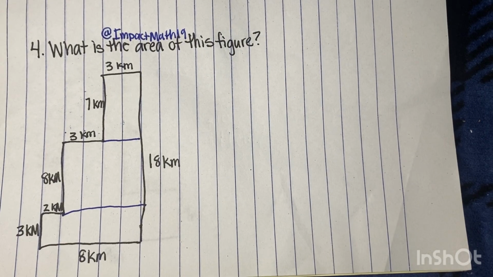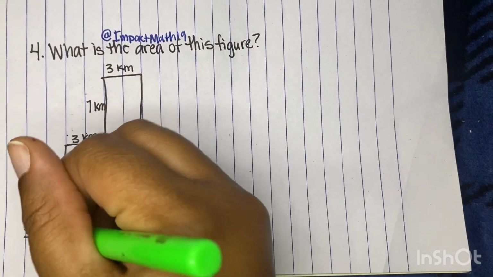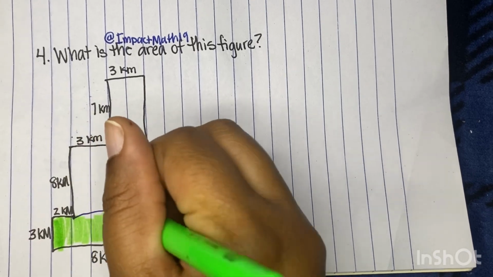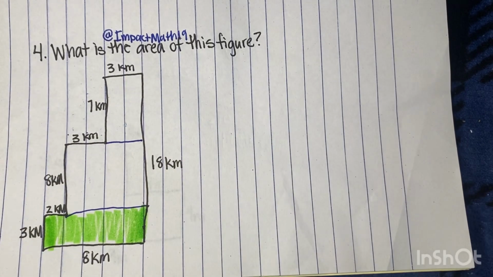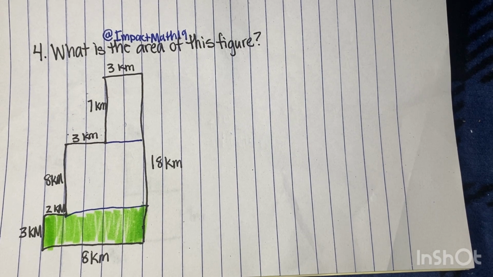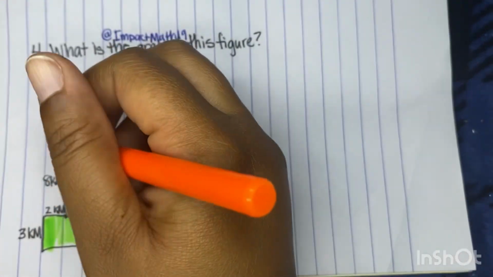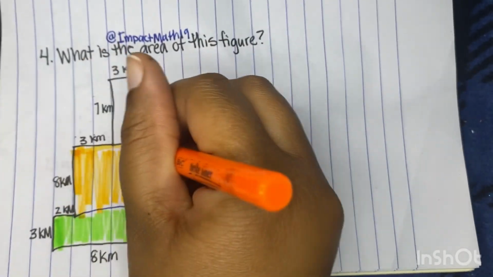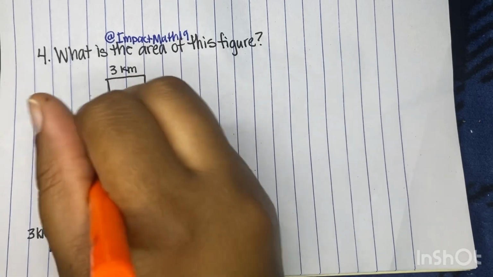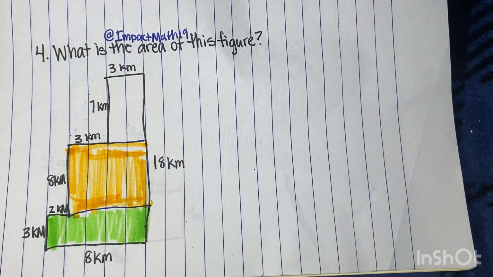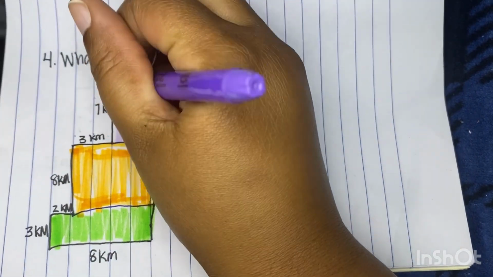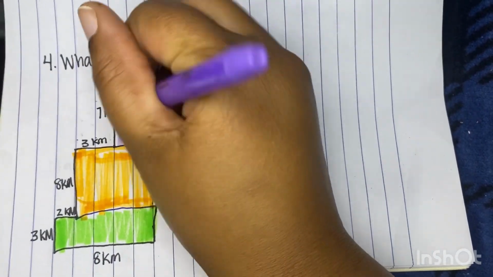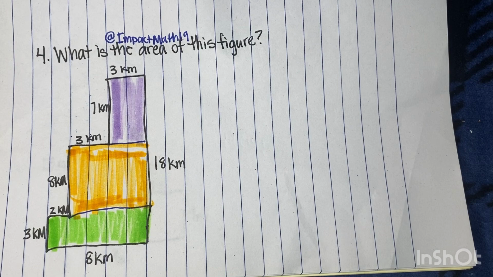We have our first rectangle here, and then we have our second rectangle, which is going to be here. And then we have our last rectangle up top, which is going to be here. Okay, so let's focus on the bottom and the top.